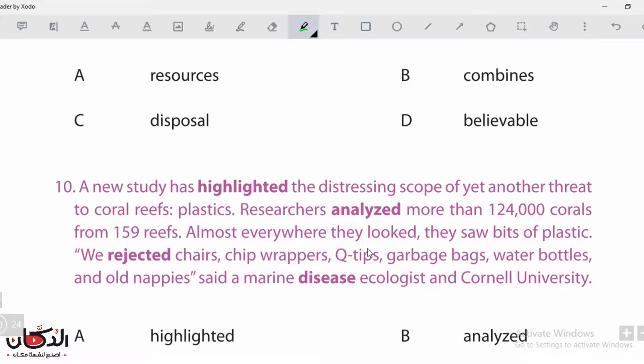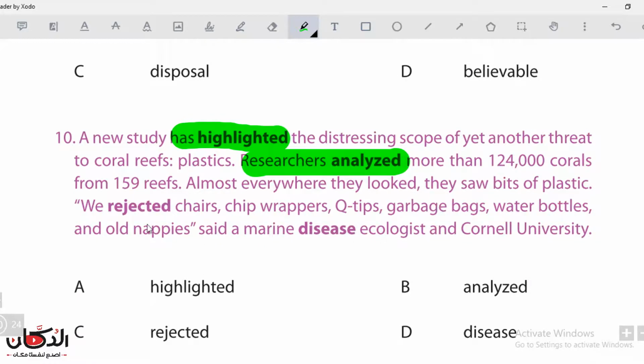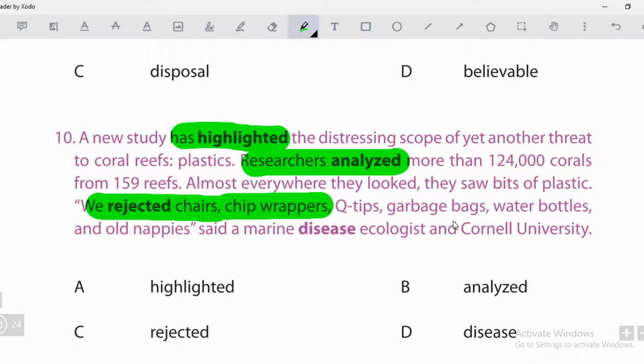The next question. A new study has highlighted. If a study highlighted something, it's correct. Researchers analyzed something. Yes. Okay, go on. We rejected the chairs, cheap wrappers, and so on. So we need to think about it. The last one, if someone is a disease ecologist, yeah, he can be a specialist in disease.